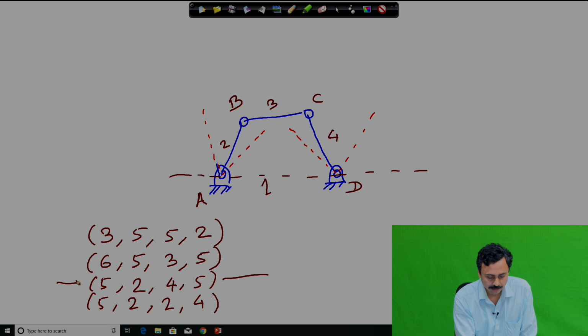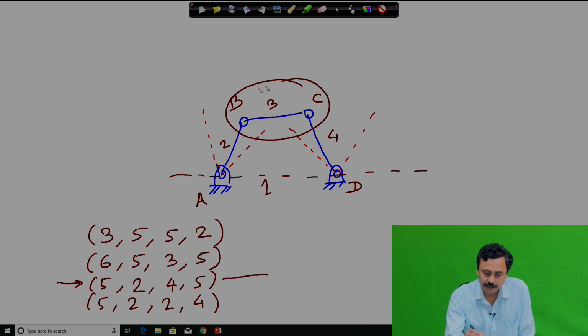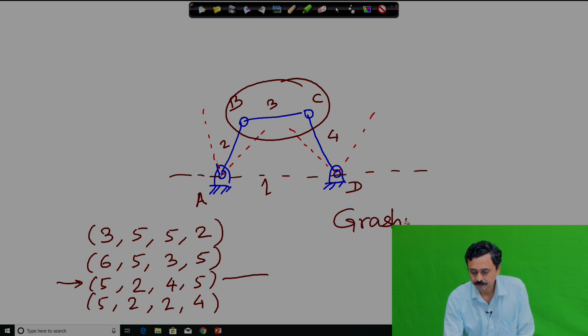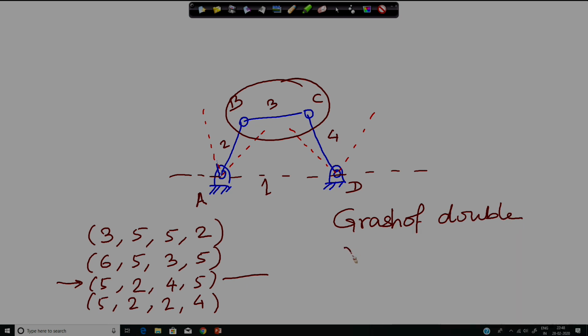So, this is your solution, and therefore, BC is the shortest link, and therefore, this is a Grashofian double rocker. Okay. So, this is how you can solve this problem.